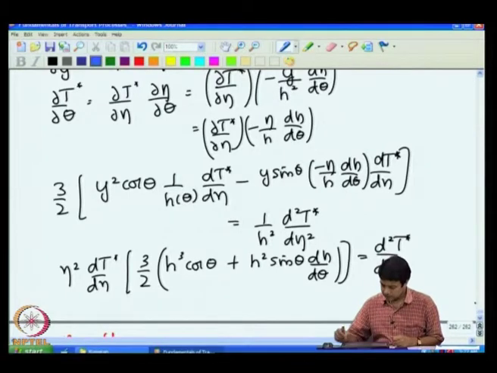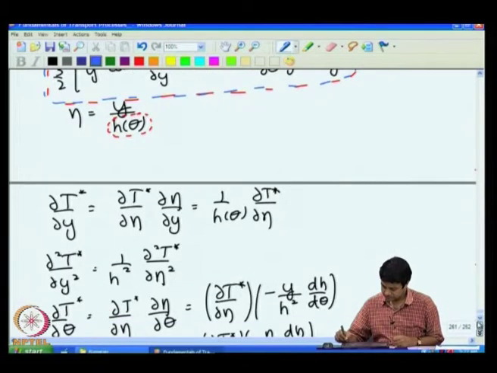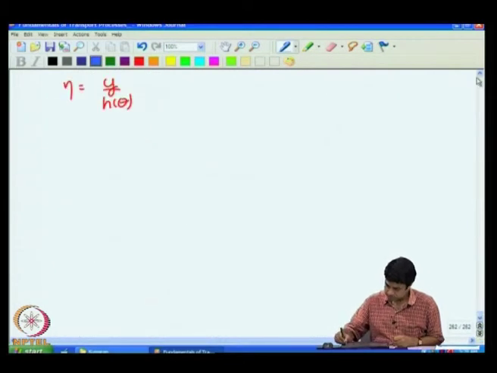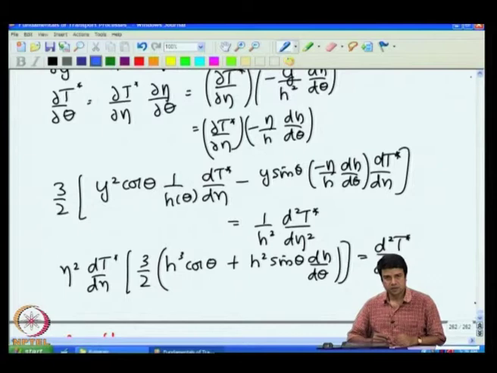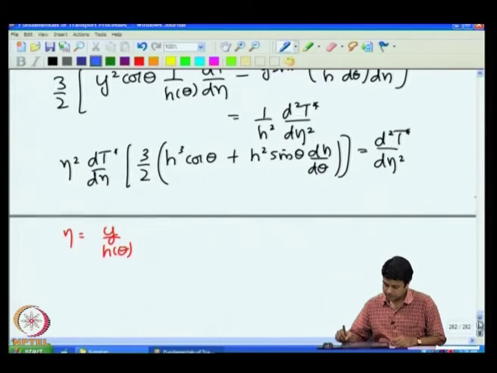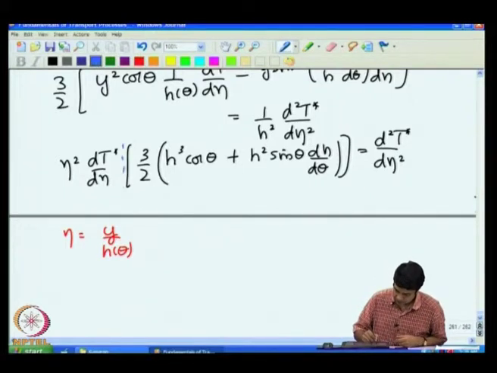Now, this equation admits a similarity solution only if this term here is a constant.